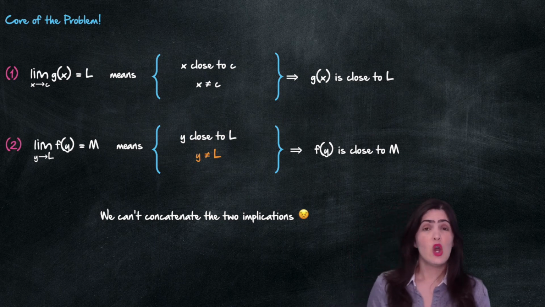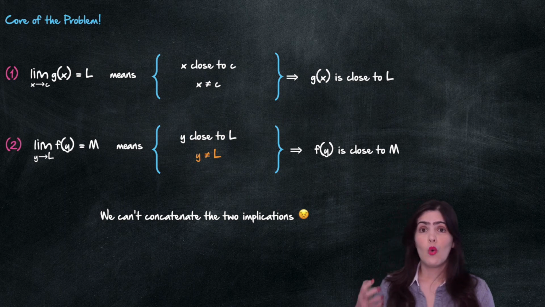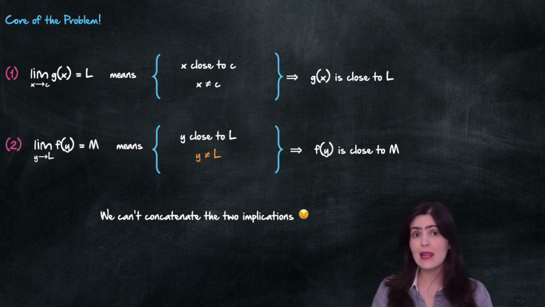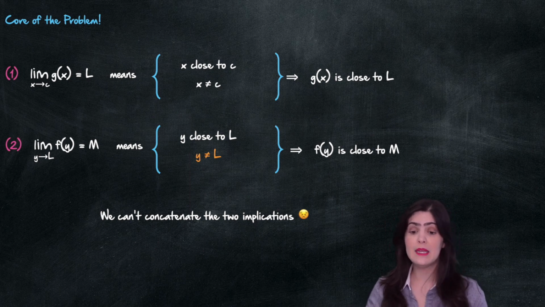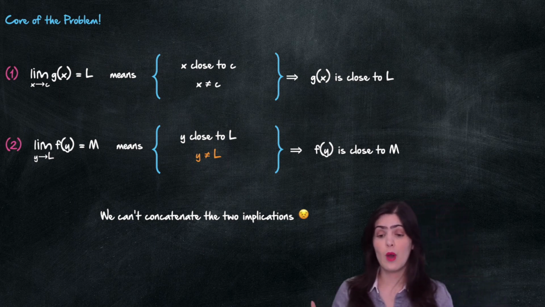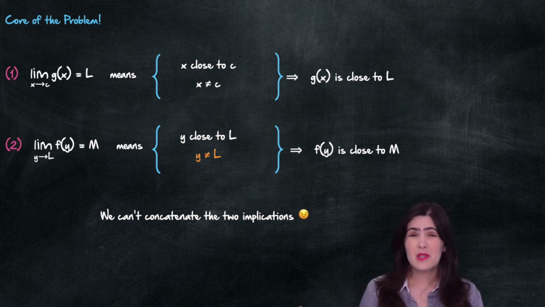And I can see two ways of solving this. One way is that I remove that yellow condition that y has to be different from L. And if you see, y close to L means f of y close to m. Well, that would bring us more into the territory of f being continuous, right?